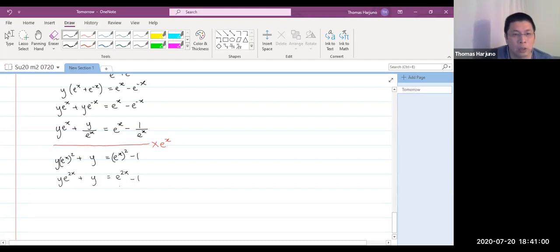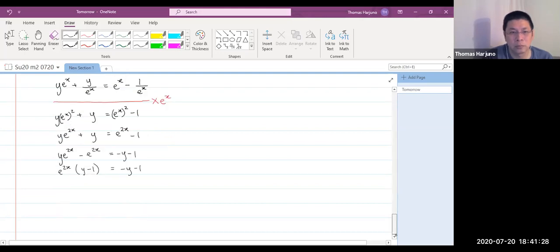So what we plan to do is to have x terms on one side and those without x terms on the other side. Okay, we factor e to the 2x, so I get y minus 1 here. So e to the 2x equals negative y minus 1 over y minus 1.